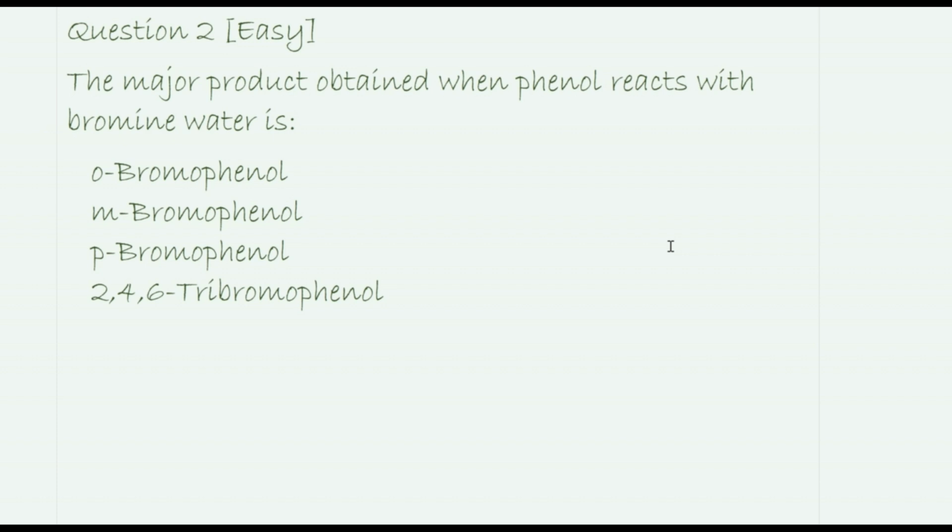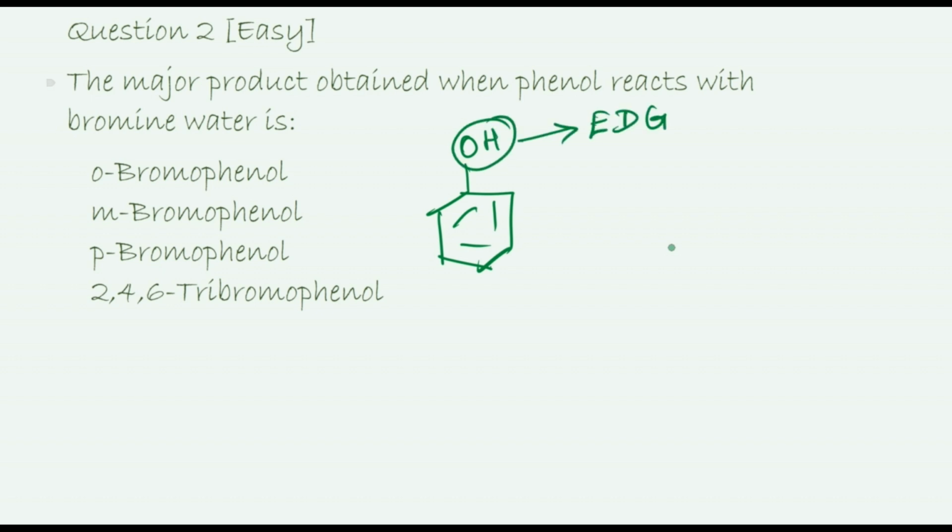So without any catalyst, just bromine water is reacting, means it is an electrophilic substitution, and it gives ortho and para positions occupied because the OH group, that is electron donating in nature, is undergoing electrophilic substitution. So the answer becomes 2,4,6-tribromophenol.